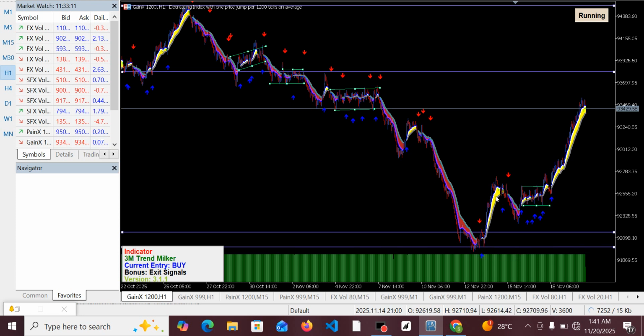Okay, and of course you can see this would have given you profit. It came down a bit, went back up, came down a bit, went back up, came back down a bit, and of course right now it has broken out from this particular resistance zone and it is still buying.